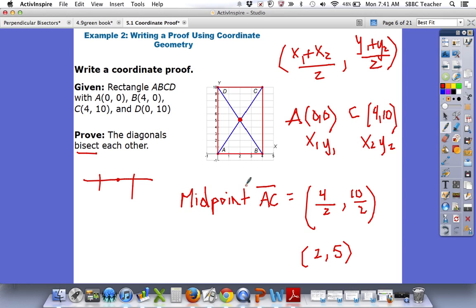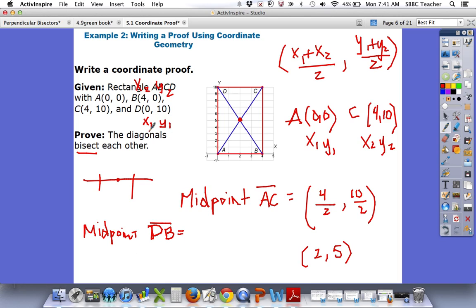Now let's see if we get the same midpoint for DB. If we get the same midpoint for both, then we know the diagonals indeed bisect each other. D is (0, 10) and B is (4, 0), so this is x1, y1 and this is x2, y2.